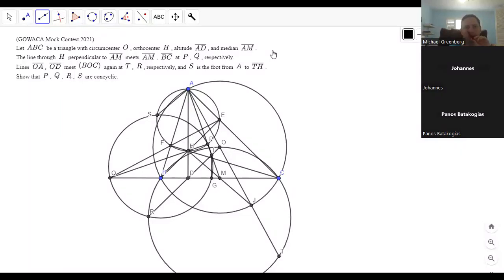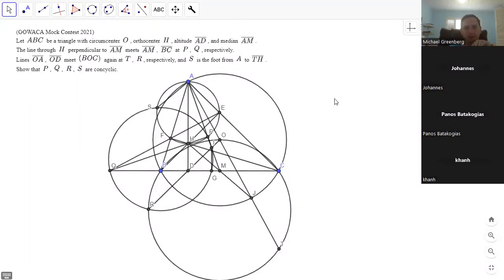Hey Khan, thanks for joining. So we're on the second problem here, and Panos has an idea. So B, C, D, and Q are harmonic, and we invert about the circumcircle, so D and R would swap.